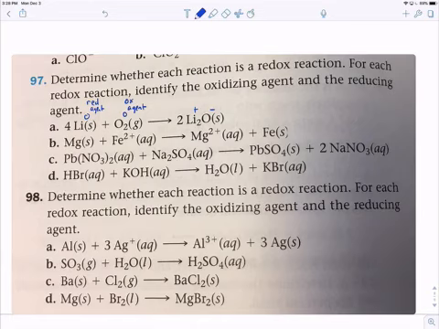For B, magnesium starts at 0, iron is +2; magnesium goes to +2, iron is 0. Magnesium is losing electrons, so it's oxidized; iron is gaining electrons, so it's reduced. Magnesium is the reducing agent, and iron +2 is the oxidizing agent.